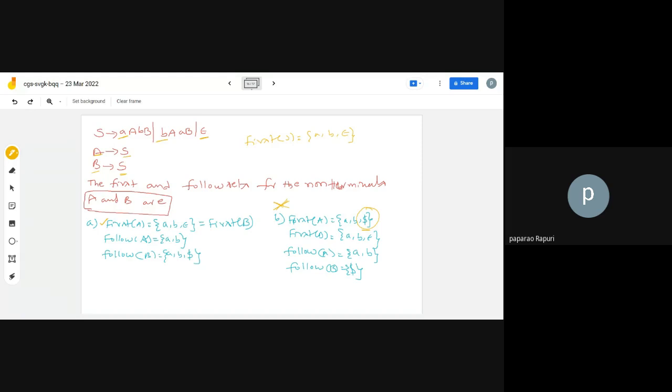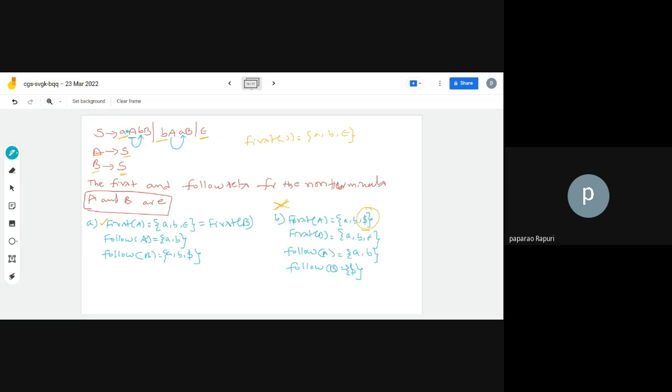After that, follow of A. So for finding the follow of A, what we will check? So what is following A? Here A is having small b. So follow of A contains small b. Here capital A followed by small a.